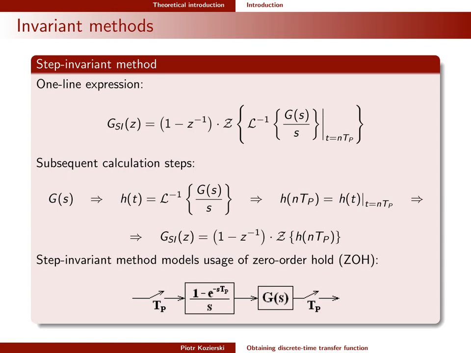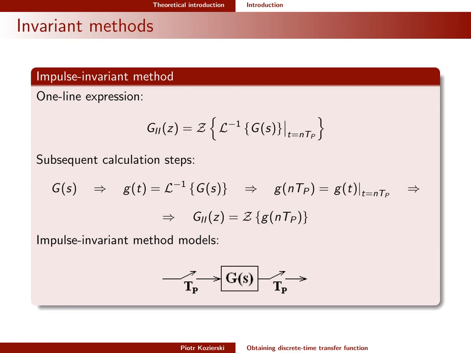Here is a simple substitution. And then we need to calculate the Laurent transform of this response in discrete time. At the very bottom, I presented how the physical system should be constructed to obtain the transfer function using this method. These elements with TP are so-called pulsars, and the block on the left is a zero-order Holt extrapolator.